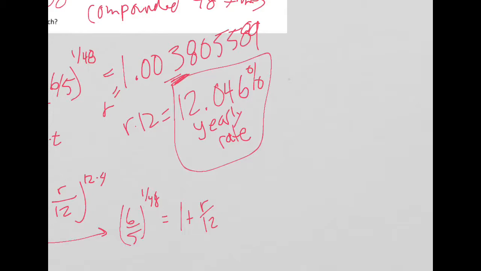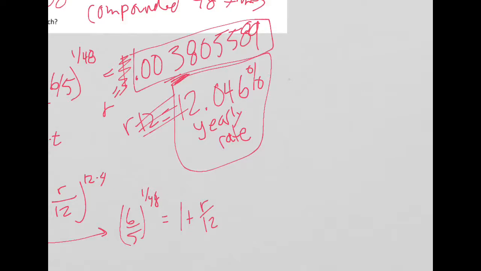But we want to get r by itself, so I actually missed a step there. Before I multiplied by 12, I should have done a little magic trick. I should have gotten rid of that 1, so this should have just been a rate right there.